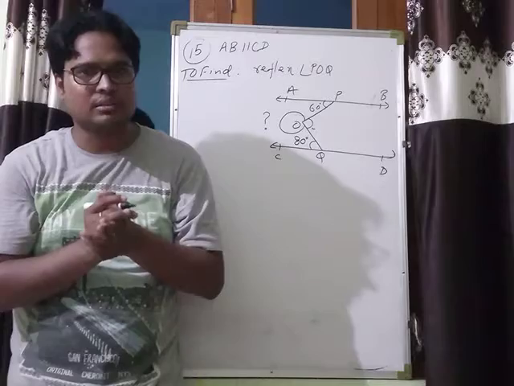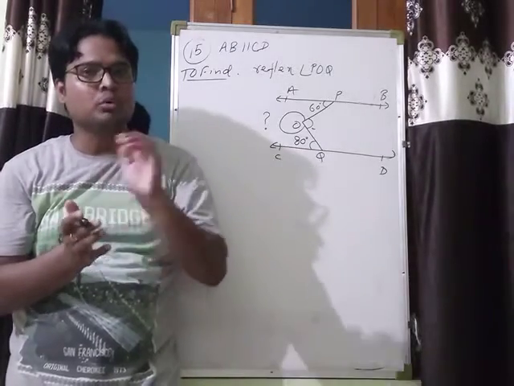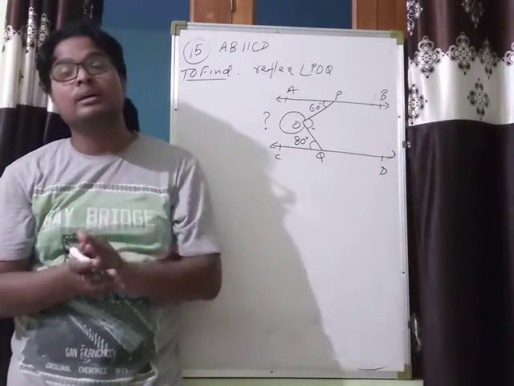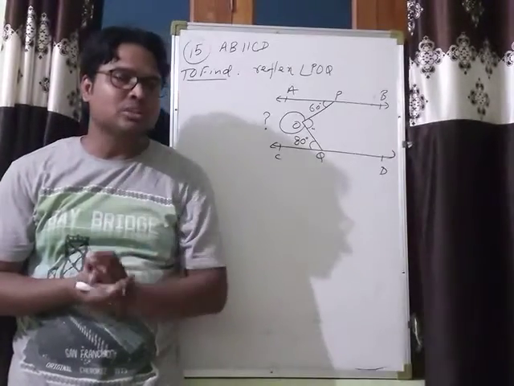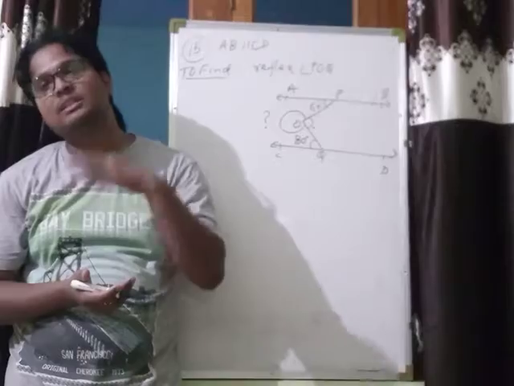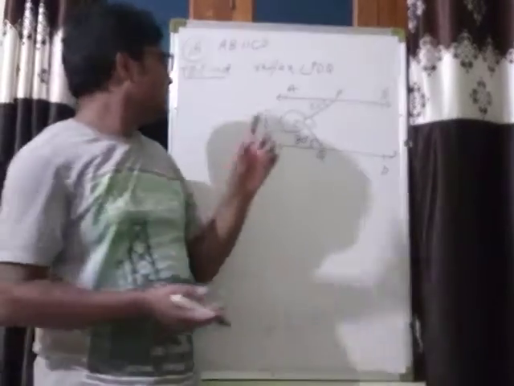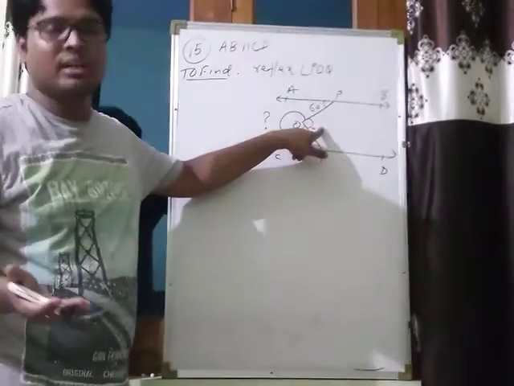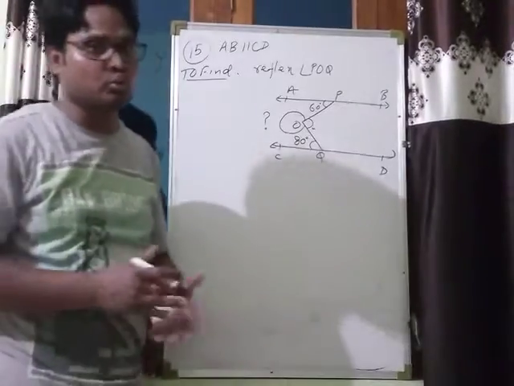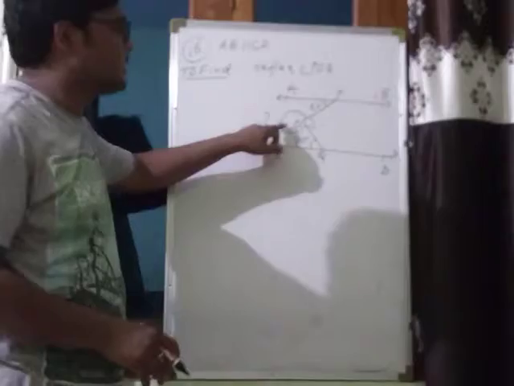What is reflex? An angle whose measurement is more than 180 and less than 360. So it needs the value of that POQ whose measurement is between 180 and 360. Clearly this one will be that angle. This one will be less than 180, so clearly this is not the reflex of POQ. So we have to find out this angle actually.